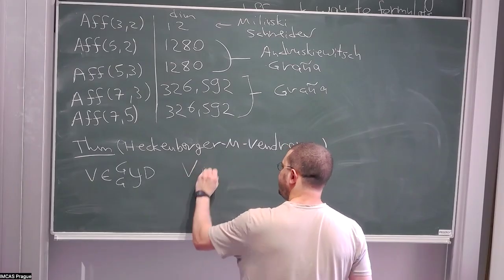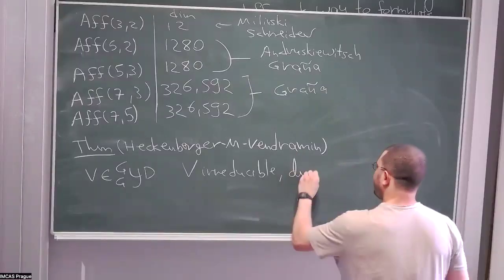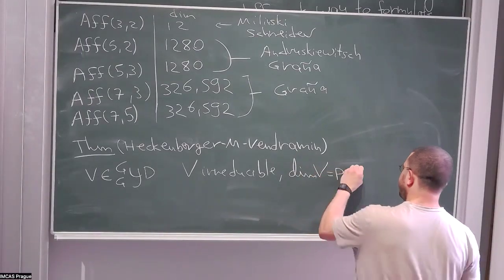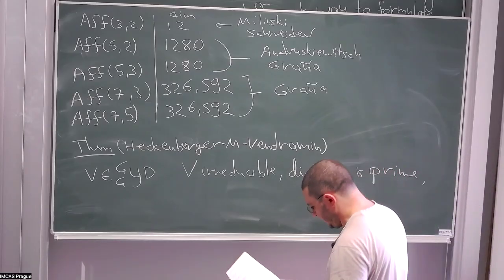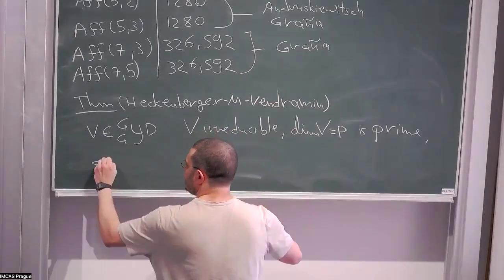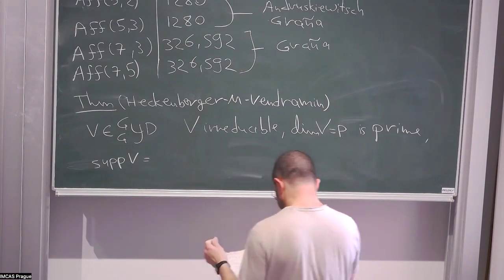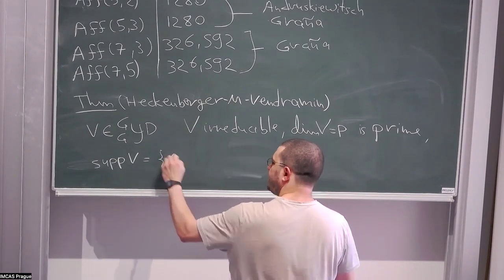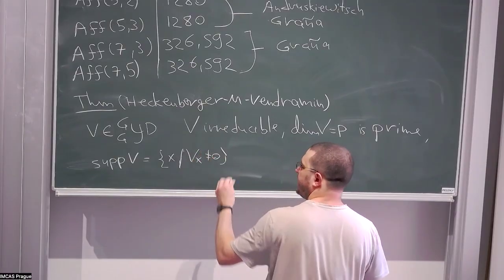V is irreducible. The dimension of V, which is equal to p, is prime. And the support of V, which is all the x such that Vx is not equal to 0, generates G.